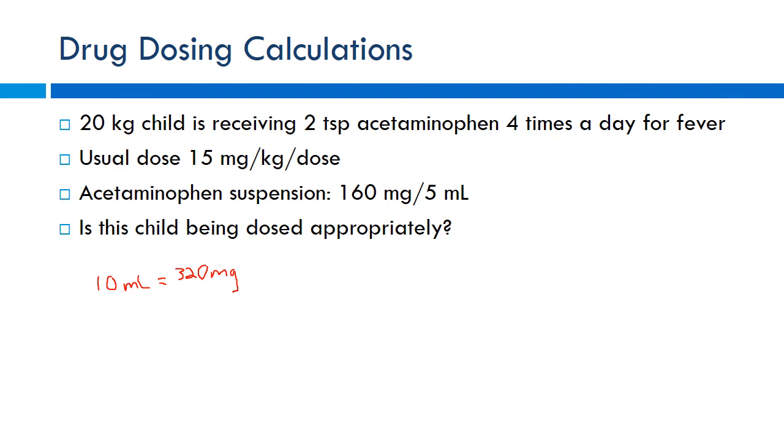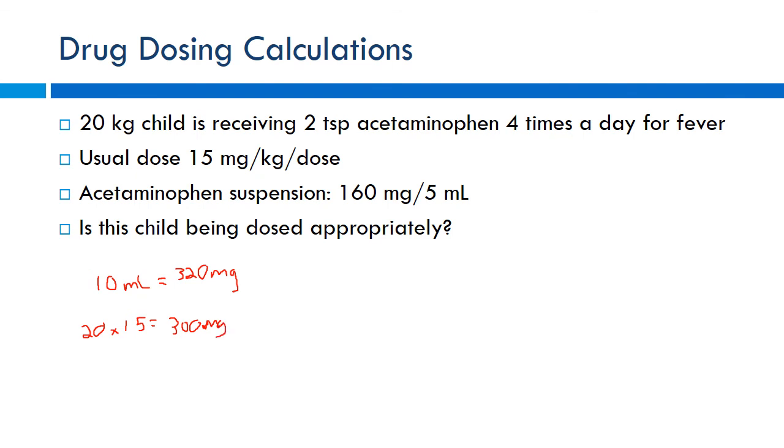And so the next thing you want to do is figure out what the kid's actual dose should be. We know the usual dose is 15 mg per kilo per dose, and we know the kid weighs 20 kilos. So we can do 20 times 15, and that should equal 300 milligrams. So the kid's total dose should be 300 milligrams.